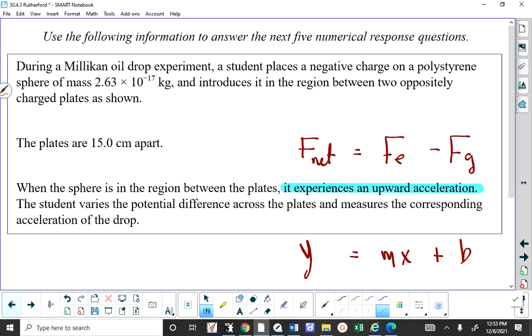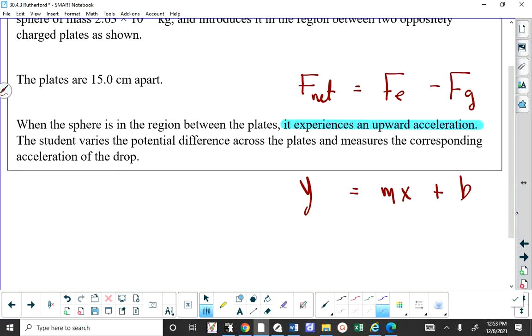I might have to rearrange this equation to get my y by itself. And I will. Y is the acceleration, right? And x is the voltage. So I have to take my physics and somehow change it to this. I'm not going to put delta v, I'm just going to put v. My v is x, my y is a. So how do I do that?